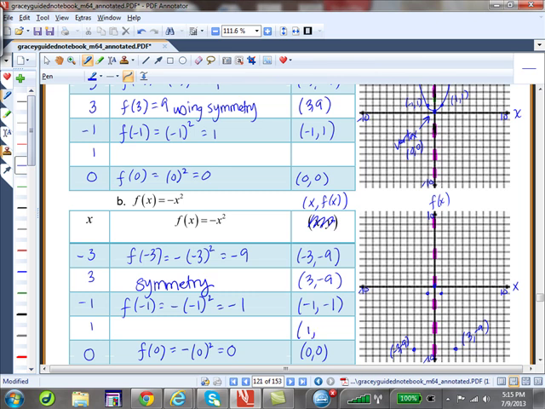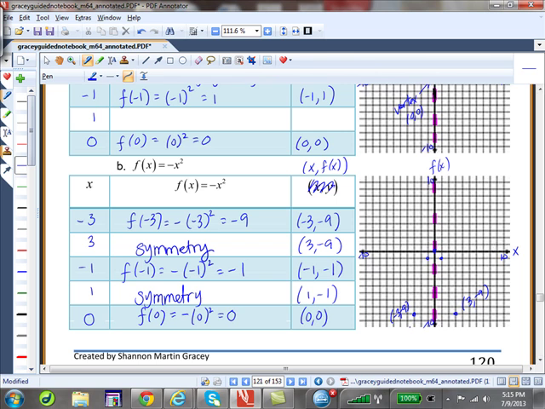So by symmetry, I got 1, -1. And then we just make our picture. All right, very good. So here we go. We're off and running on our next section.